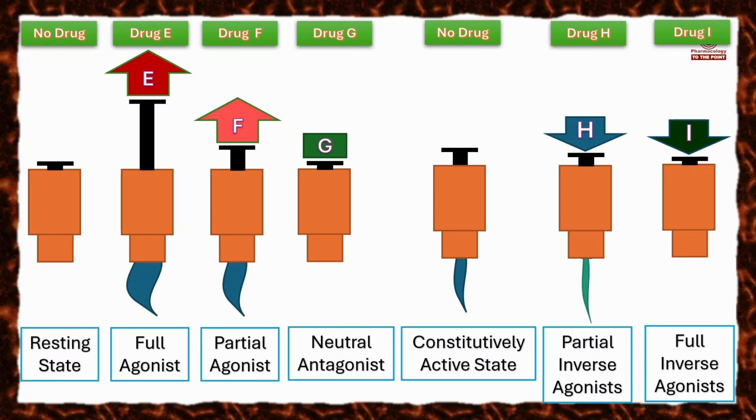For example, if you put drug G and H on our receptor in a resting state with no basal signaling, you would not see any effect of drug H, and both drugs would behave like an antagonist. On the other hand, if you put the same drugs on a receptor with basal signaling, only drug H would be able to show inverse agonism. Therefore, basal signaling activity is critical to differentiate an inverse agonist from a neutral antagonist.